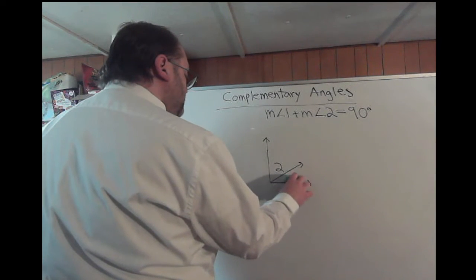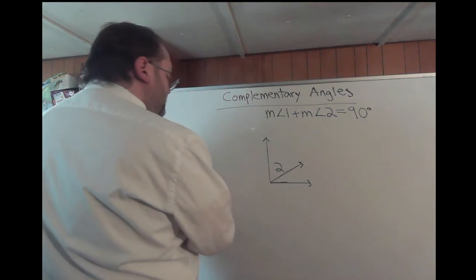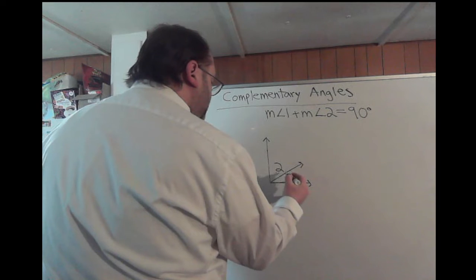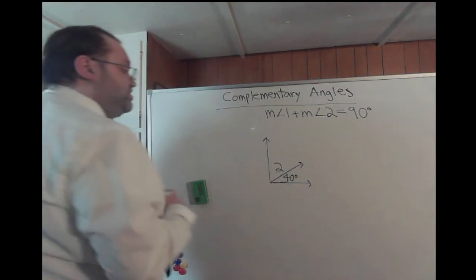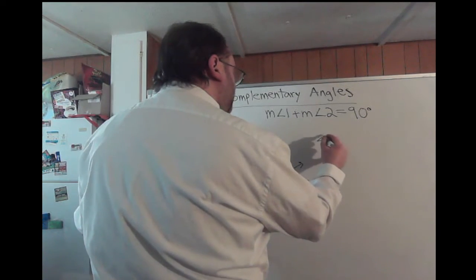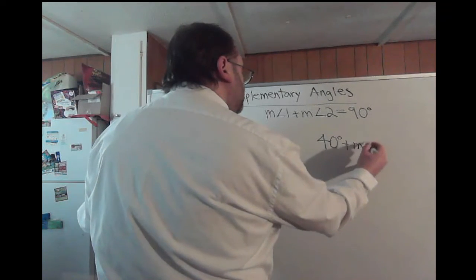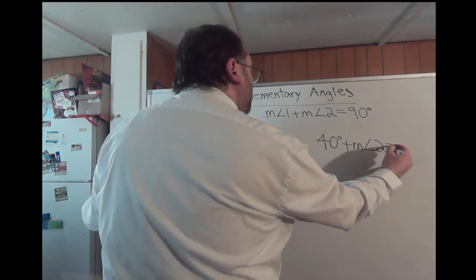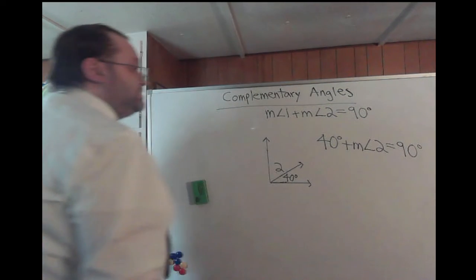So let's go ahead and say the measure of angle 1 equals 40 degrees. Let's do a little bit of a math problem here. The measure of angle 1 is 40 degrees. We don't know the measure of angle 2, but we know they're complementary angles, meaning they equal 90 degrees.